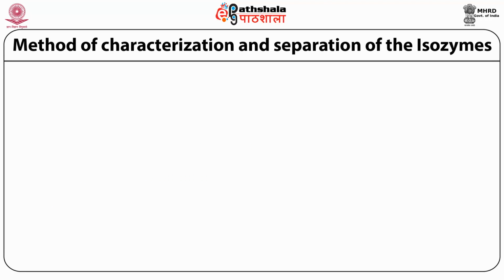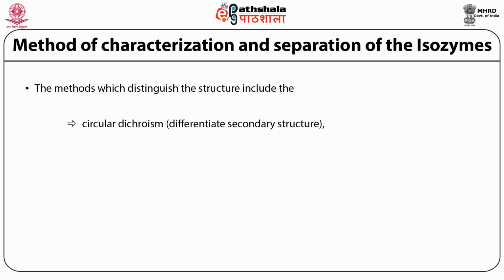As you know, isozymes differ structurally, so the methods that are used to distinguish structure are all used to characterize isozymes, such as circular dichroism. Circular dichroism is a method which differentiates the secondary structure of enzymes or proteins.